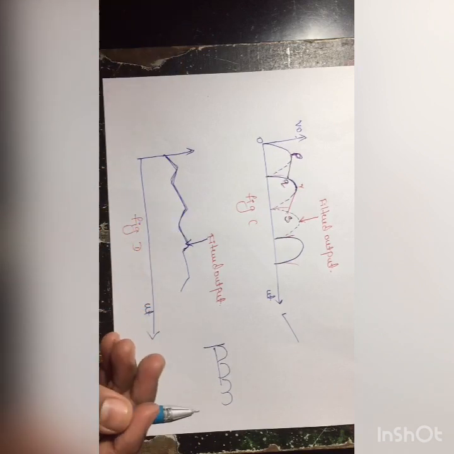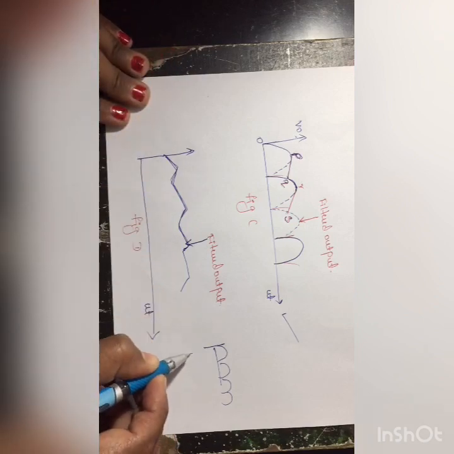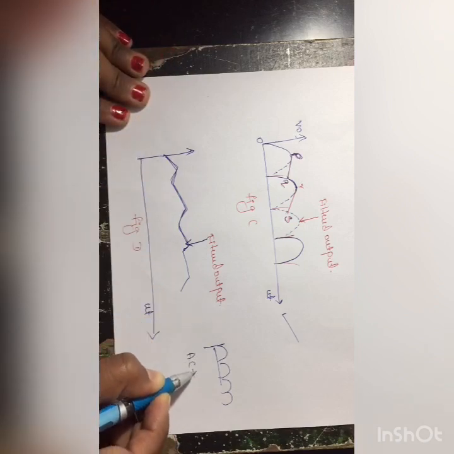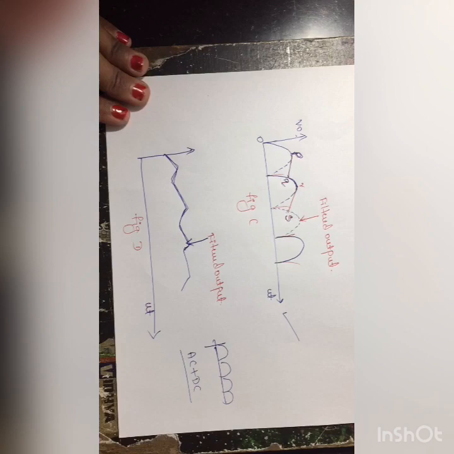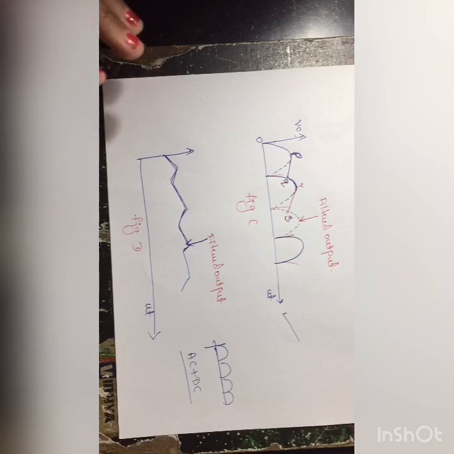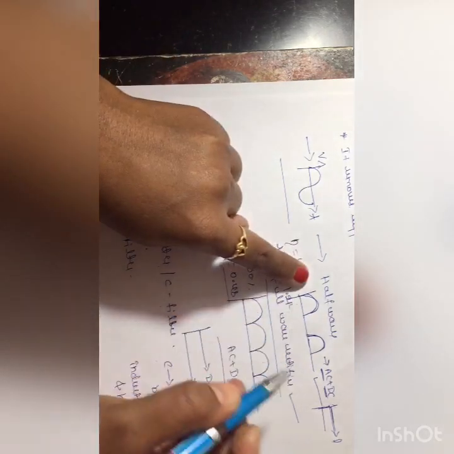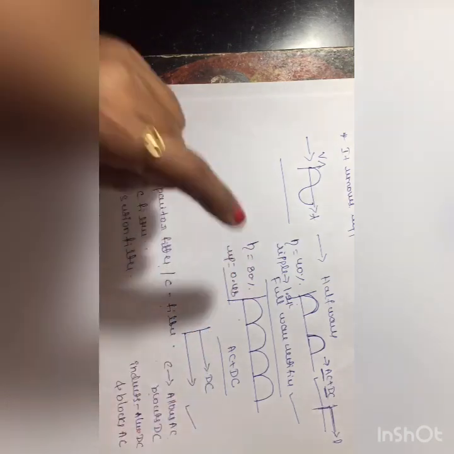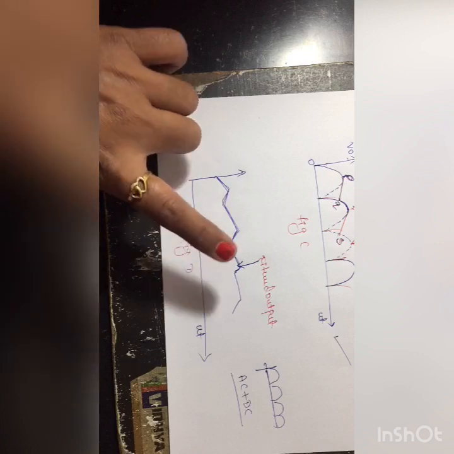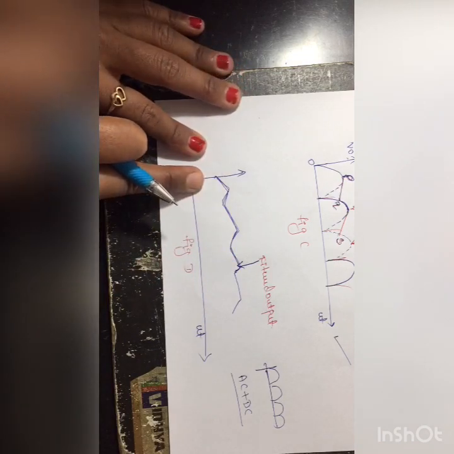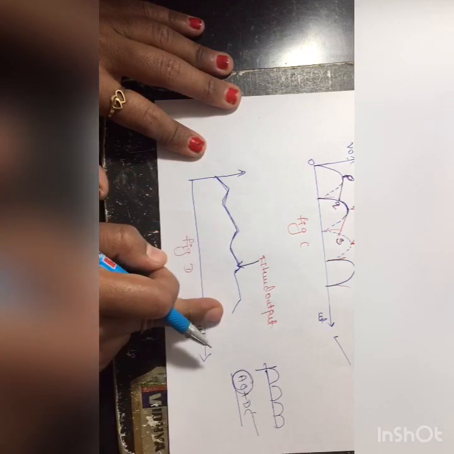In the rectifier output, AC and DC are both present, but when you apply the filter, less AC is present in the output.